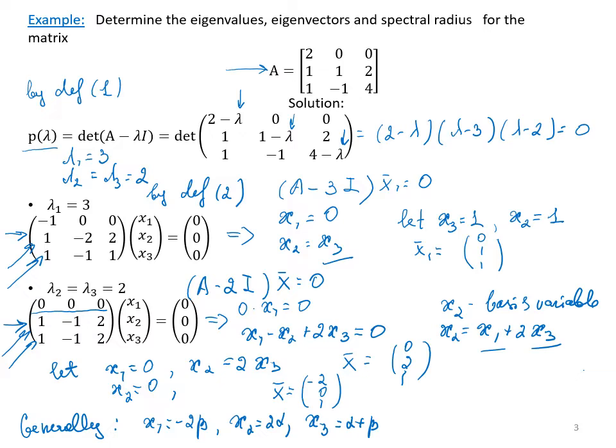We picked these expressions just for convenience. And our final solution will be alpha times (0, 2, 1) plus beta times (minus 2, 0, 1), that is, minus 2 beta, 2 alpha, and alpha plus beta.